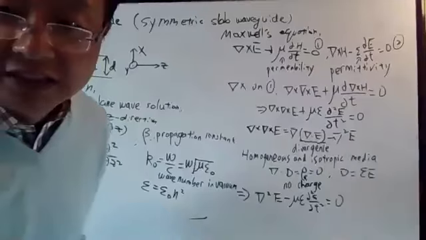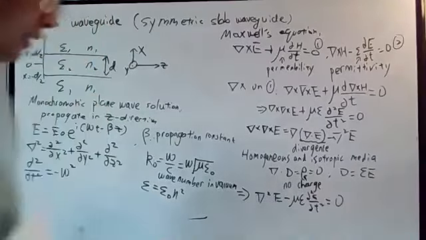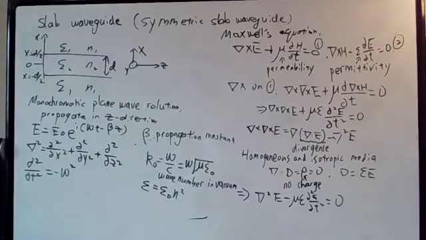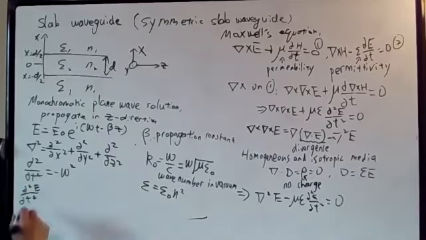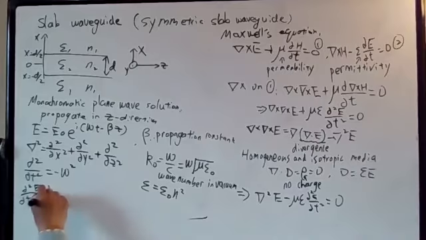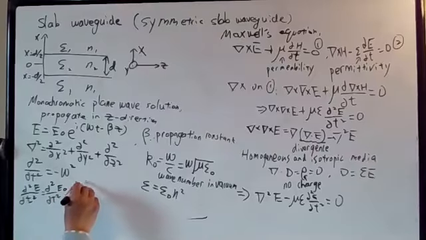Thanks for your question. Let's take a look. Let's use this equation: partial t squared of E naught exponential i omega t minus beta z.